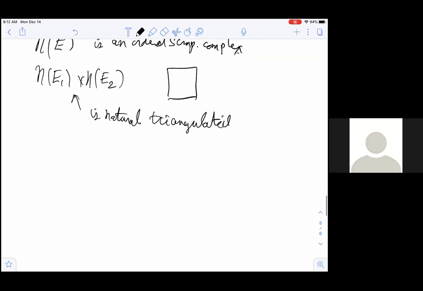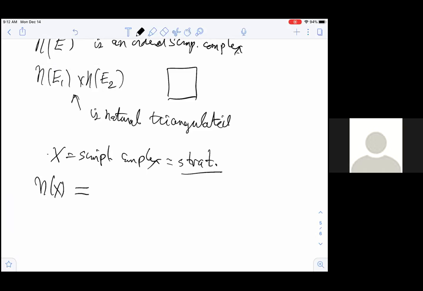Now, what does this nerve look like? Well, let X be a simplicial complex. Then for the nerve of X, I'm taking now the simplicial complex stratification, namely the components of strata are the open simplices of all dimensions. Okay.